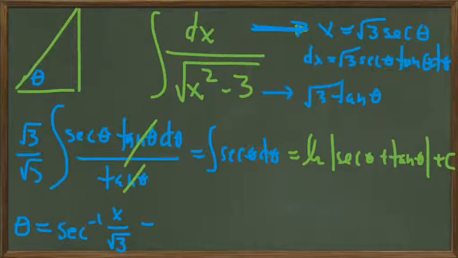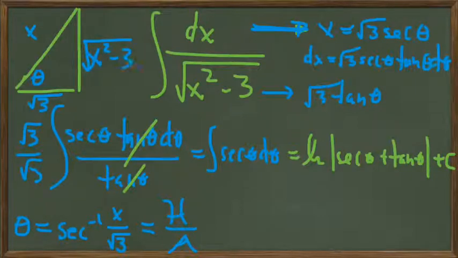And the secant is the hypotenuse divided by the adjacent. And so the hypotenuse is x, and the adjacent is the square root of 3, and by the Pythagorean identity, this side of the triangle is the square root of x squared minus 3.